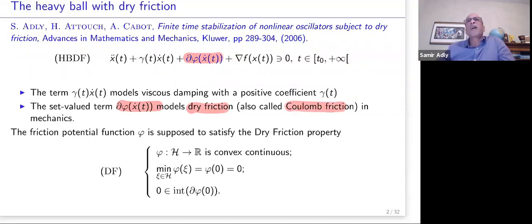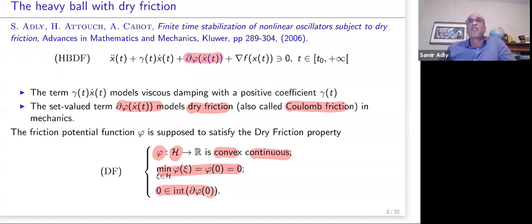And I will suppose some assumptions about this function. My function phi here, which in the whole talk is going to be the dry friction, is supposed to be convex, continuous, because H here is a Hilbert space, which could be infinite dimensional, with a sharp minimum, as you see here: the minimum of phi is 0, okay?